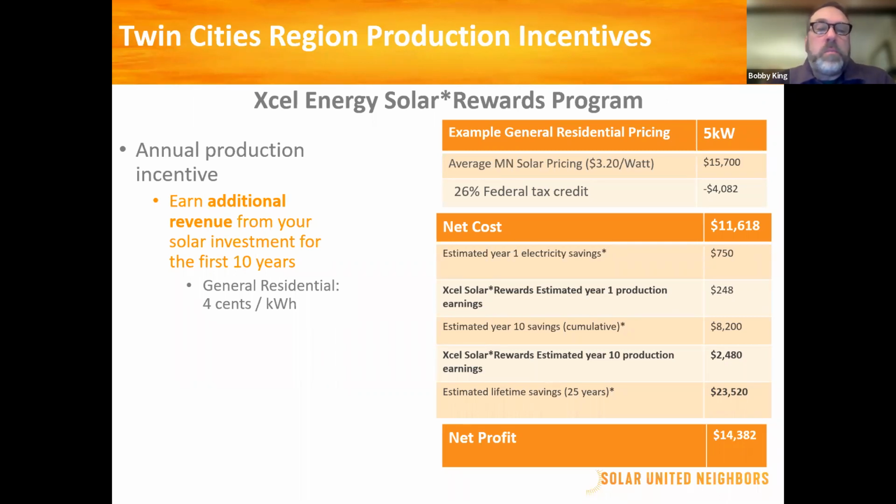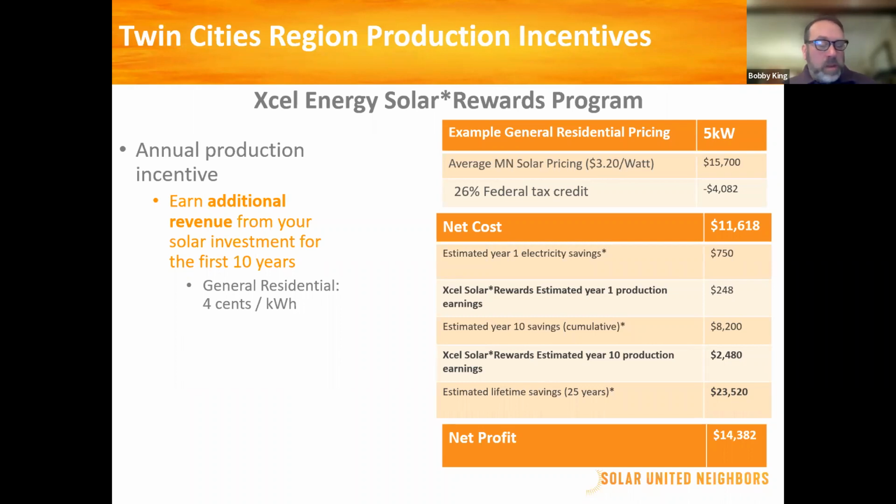Then you would get about $248 at 4 cents a kilowatt hour from Solar Rewards, and you get that for 10 years. So you get $2,480 roughly over the 10 years.